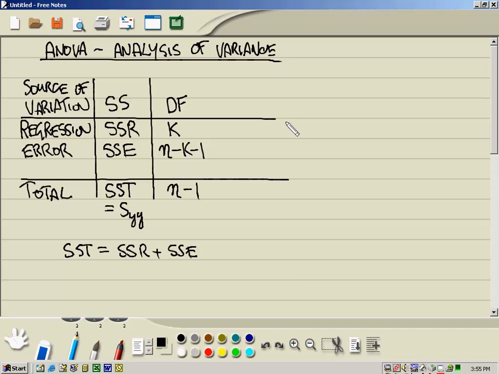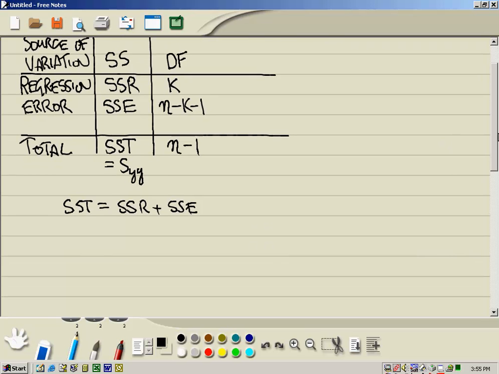Alright, but first let's point out what the F calc will be. The F calc will be the regression sum of squares divided by its degrees of freedom, divided by the error sum of squares divided by its degrees of freedom, n minus k minus 1.